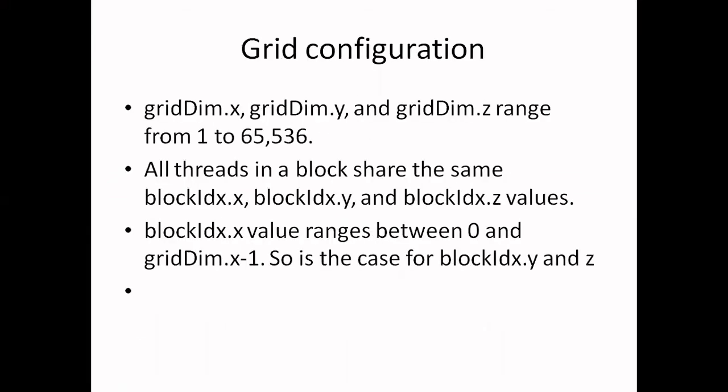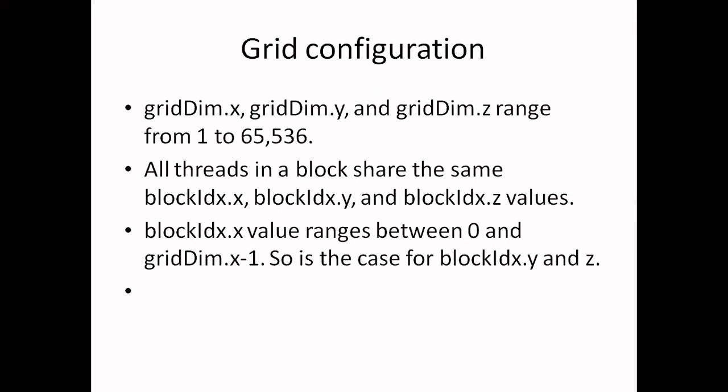Now, in the grid, you see gridDim.x, gridDim.y, and gridDim.z. The values may range from 1 to 65,536. And all threads in a block share the same configuration for the block.